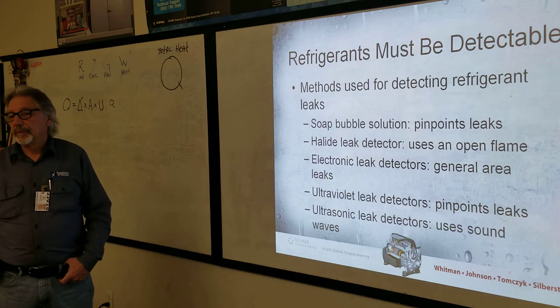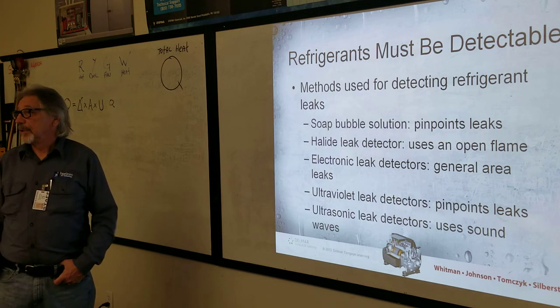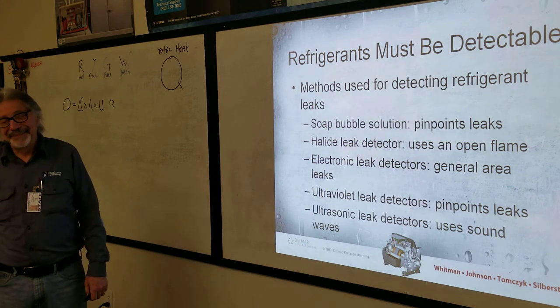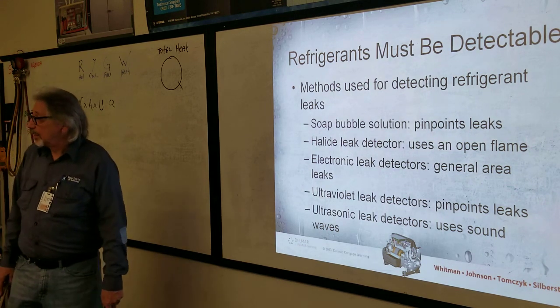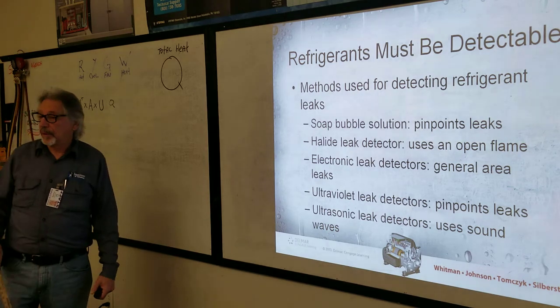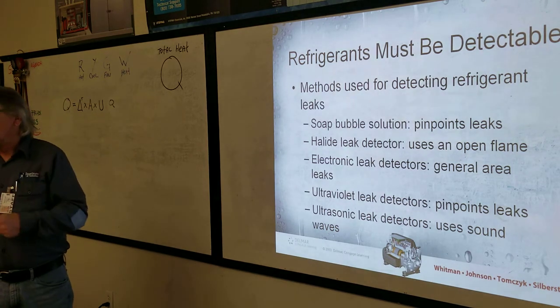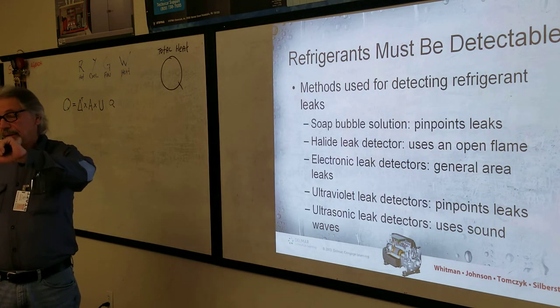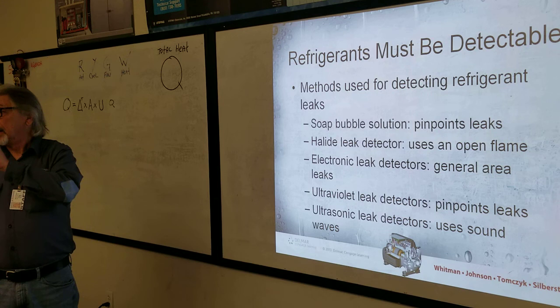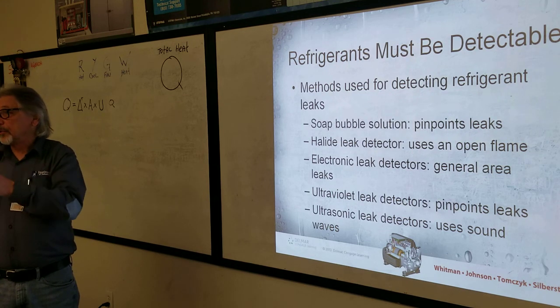That would be a good way to test your nose. I don't know if they still use those anymore. Does the flame get bigger? No. It's just a little head on a propane torch, and the flame heats up a copper disc red, and when the refrigerant goes over it, it turns green.